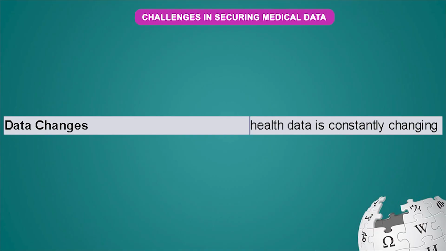Data in healthcare is widely duplicated, stored and collected multiple times in various versions, which can introduce vulnerabilities if not properly managed or protected. Next challenge is about data changes.